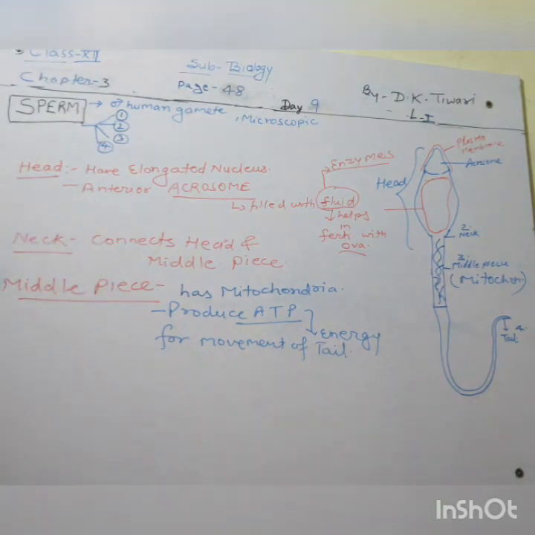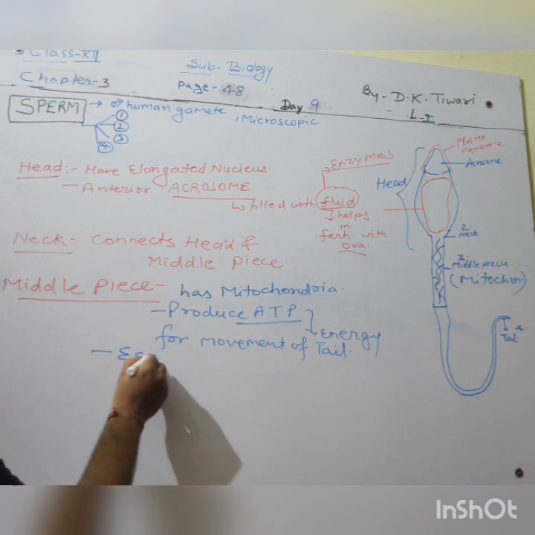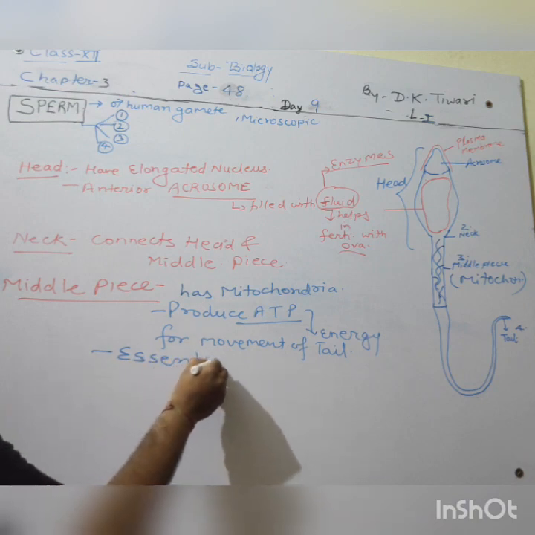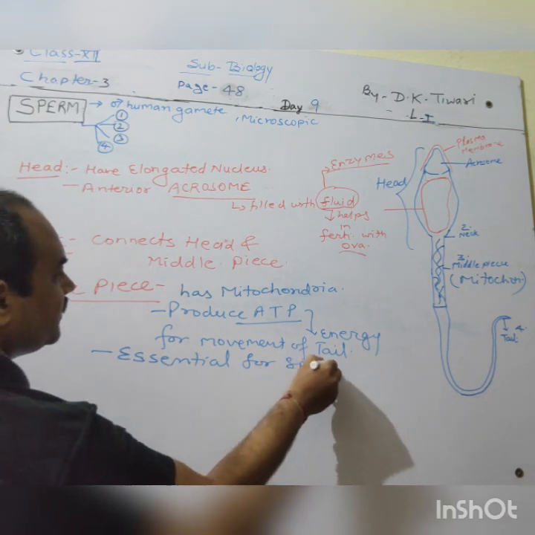That energy provided for the movement of the tail is very necessary and essential for sperm movement.